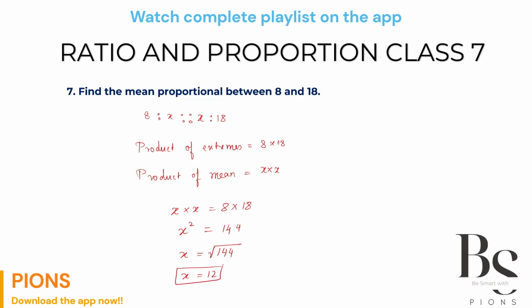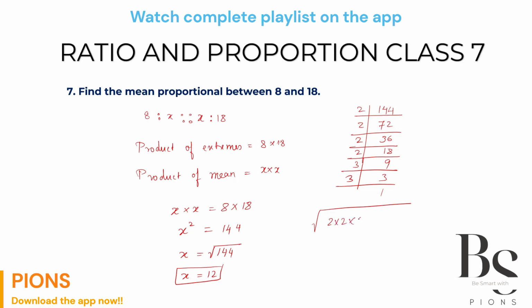How do we do the root thing? So the best method of finding the root is to find the LCM of this. So 2 into this will be 72, 2, 36, 2, 18, 2, 9, 3, 3, 3, 1. So this will be written here as root under 2 into 2 into 2 into 2 into 3 into 3.